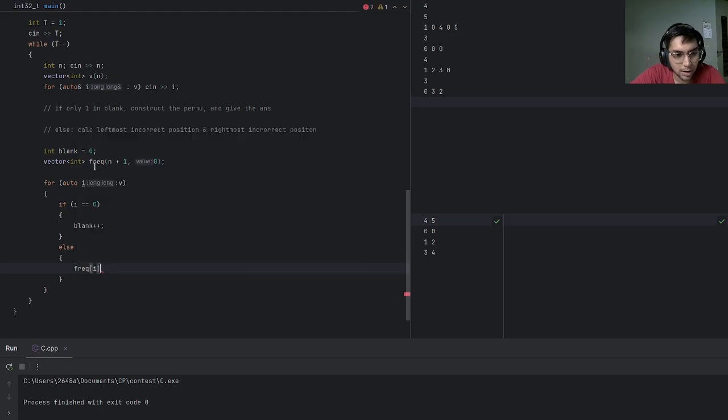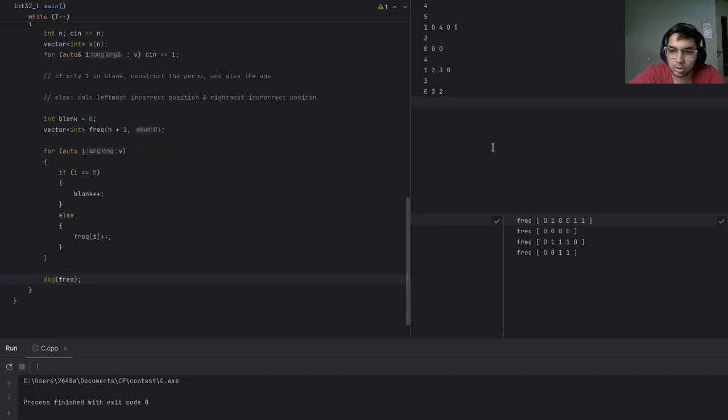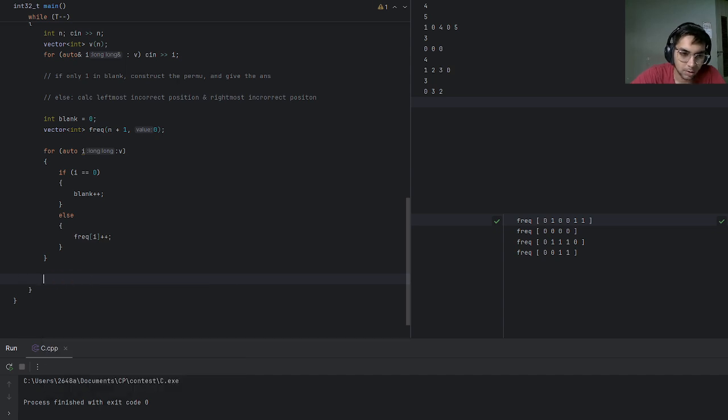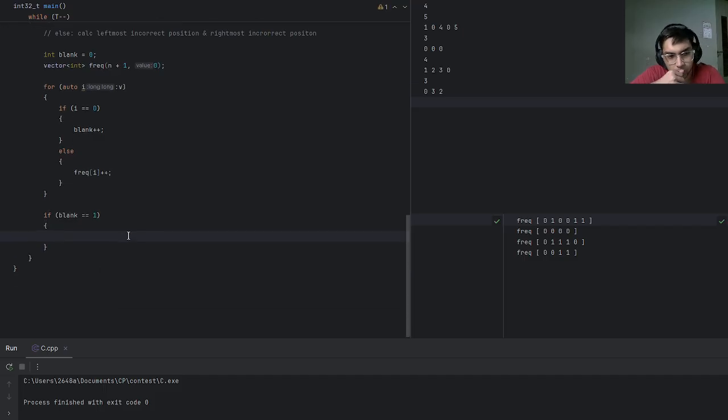Frequency of time distance. Just to make sure that you're properly, 1, 2, 3, 4, 5 is. Now we have to do like, if blank equals 1, we need to make the array fixed.